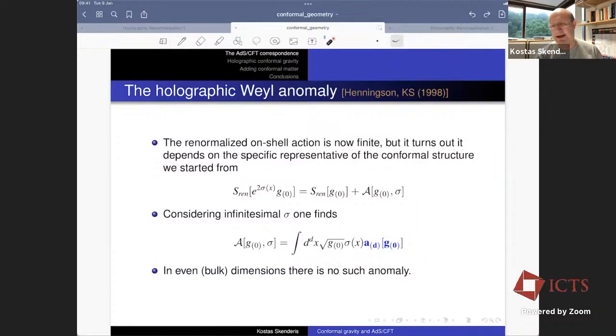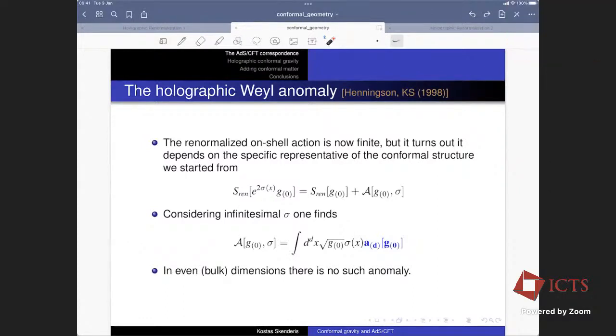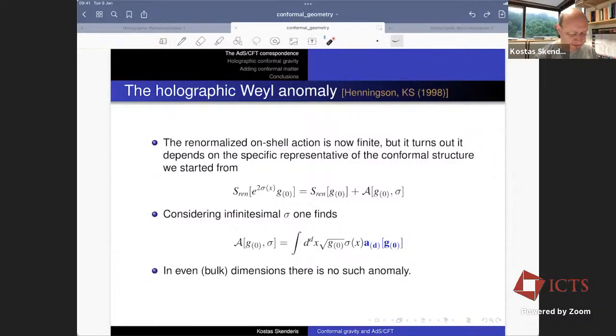It's in the same spirit, but it's not identical to what you would do in quantum field theory. I was just wondering if there is any regularization scheme dependence. Oh, there's definitely renormalization scheme dependence.